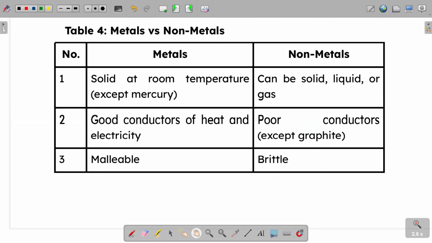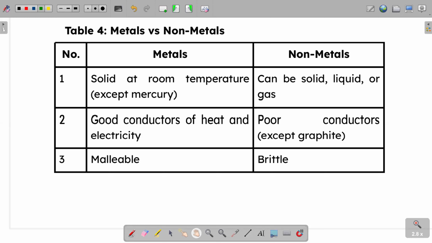Generally, metals are good conductors of heat and electricity, while non-metals are poor conductors, with the exception of substances like graphite, which is one of the allotropes of carbon.